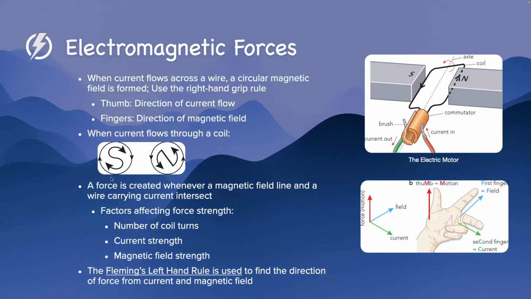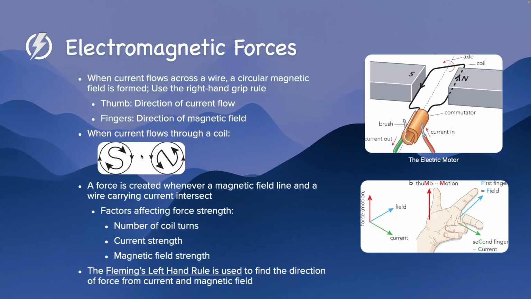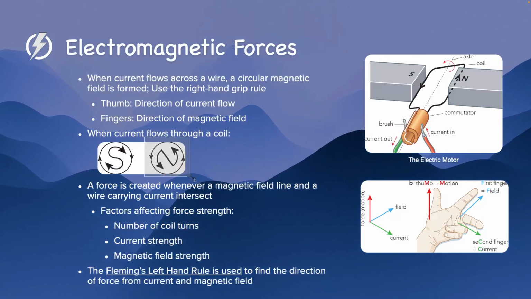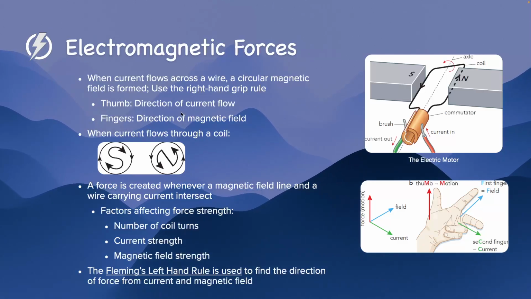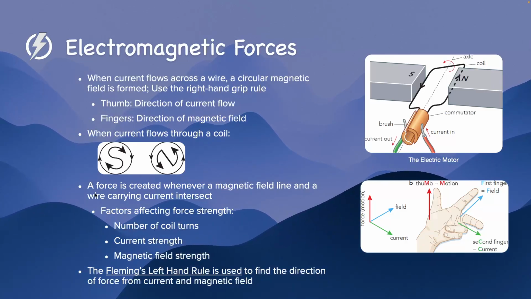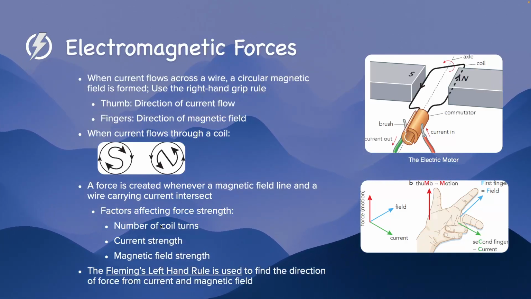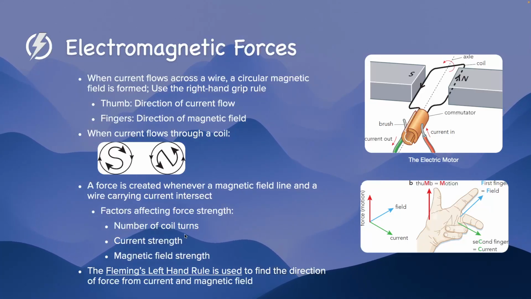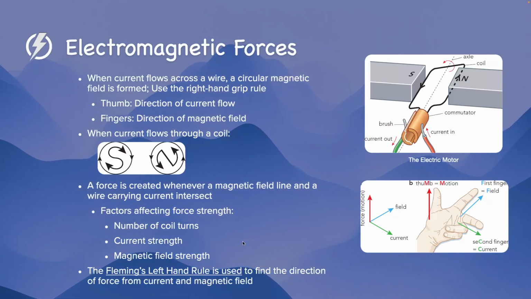If the current is going clockwise on one end of the coil, that's where the south pole is formed, but when it's going anti-clockwise through the other end, that's when the north pole forms. This is one thing that could really help. Yes. The factors affecting the strength of this force that is created are the number of turns of the coil that you're using, the strength of the current, and the strength of the magnetic field.